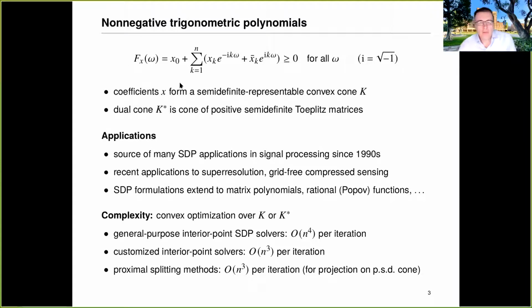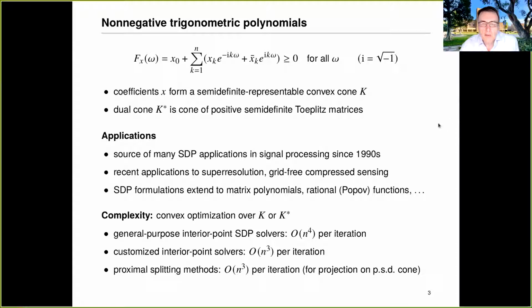So that's a constraint that can be represented by a semi-definite optimization constraint. So we'll see the details later. The dual cone is actually the cone of positive semi-definite Toeplitz matrices. And results like this, the fact that there is this exact semi-definite representation of this constraint, was a source of many of the applications that were developed in the 1990s.